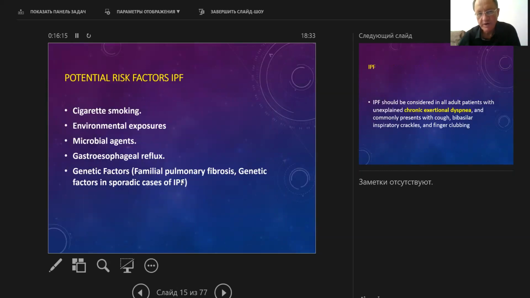Potential risk factors for IPF include cigarette smoking and environmental exposure, microbial agents, gastroesophageal reflux, and genetic factors, for example, history of familial pulmonary fibrosis and others. So you should imagine the patient with IPF.